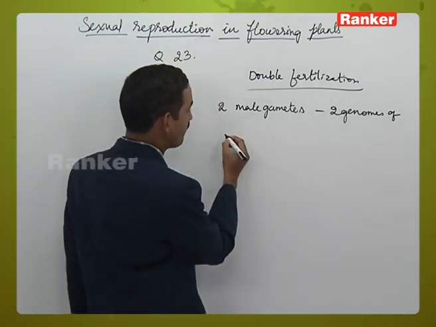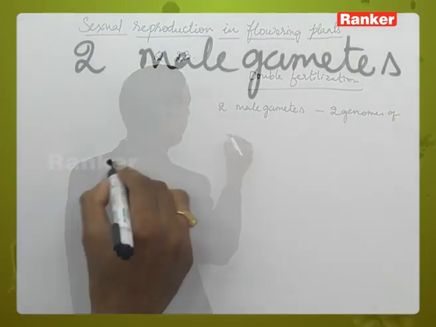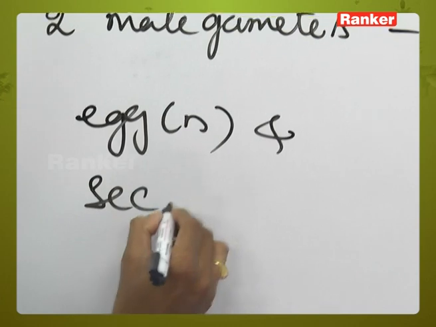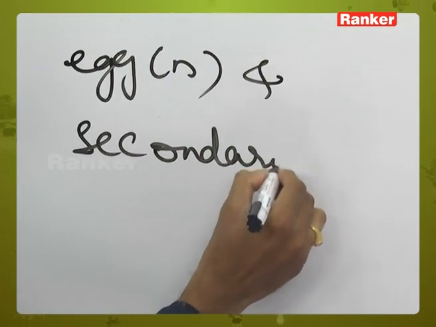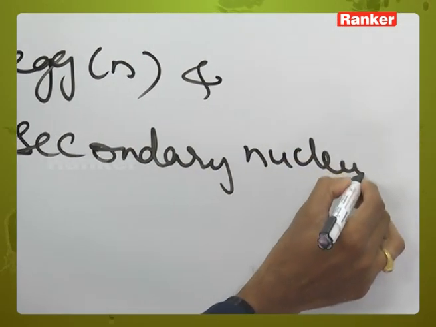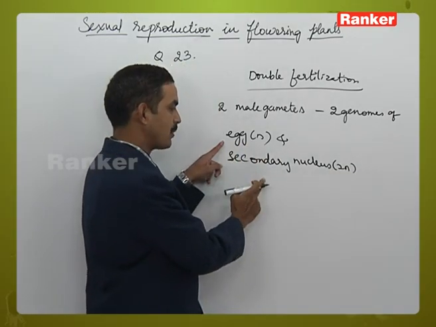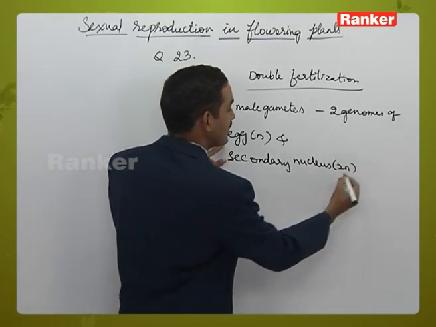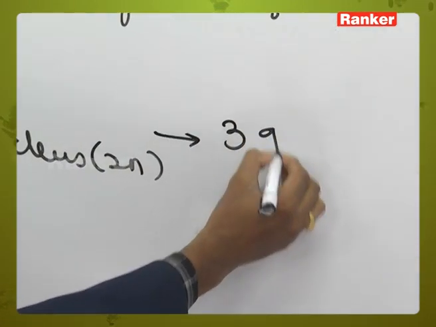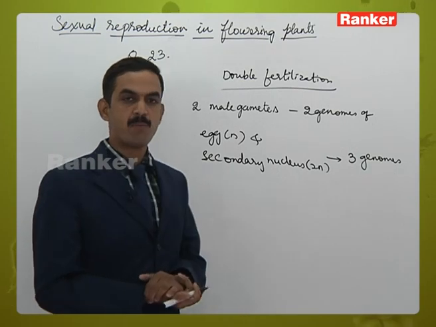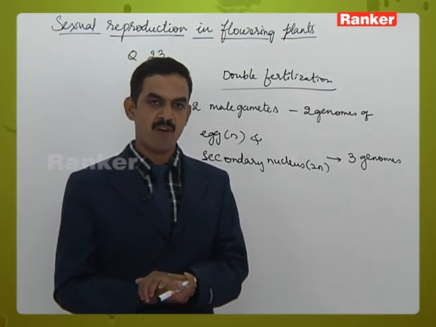On the female side, the egg, which is haploid, and the secondary nucleus, which is diploid, participate. So 1 genome of the egg and 2 genomes of the secondary nucleus are participating, such that a total of 3 genomes of the female parent take part in the double fertilization.